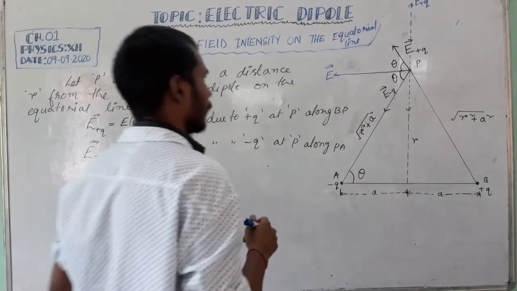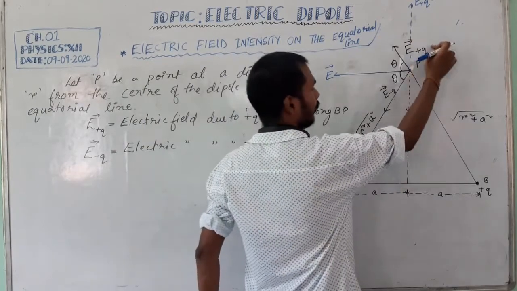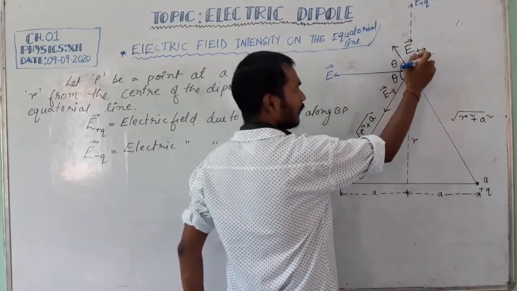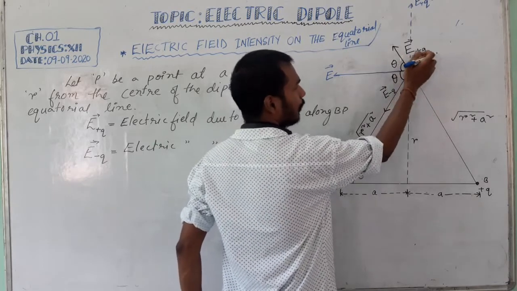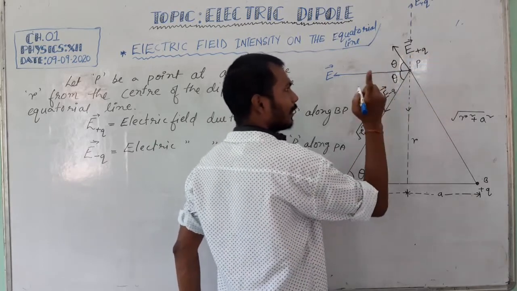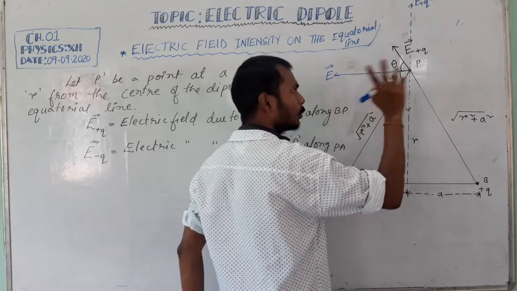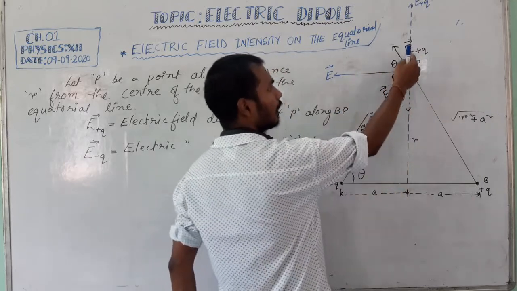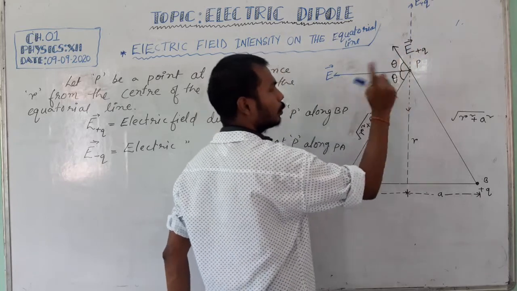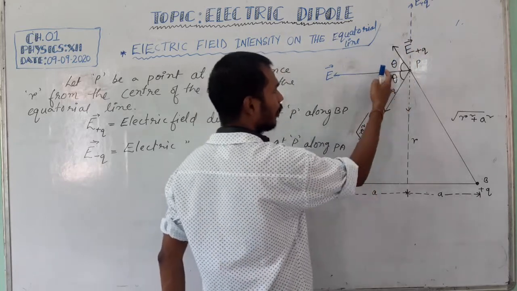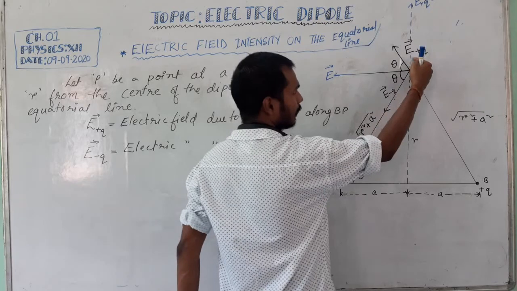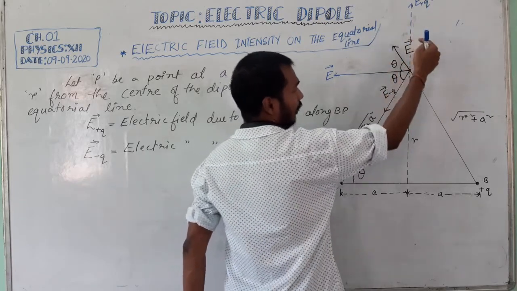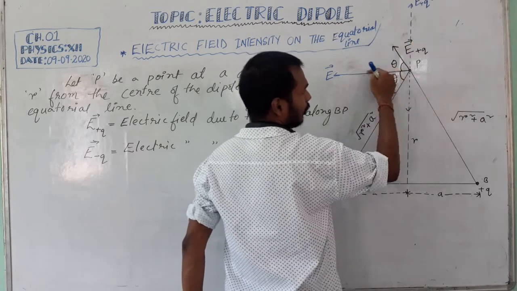Now resolve this electric field into its rectangular components. If this angle is theta and this is E plus Q, then E plus Q has two rectangular components. One component is along this direction and one along that direction, and this component is perpendicular to this line.